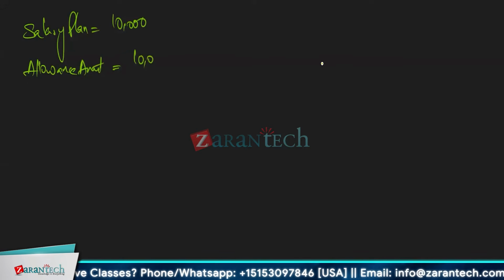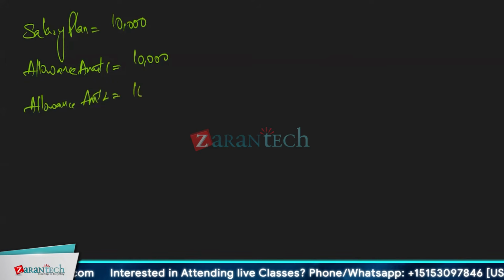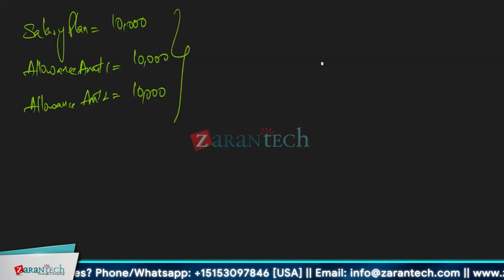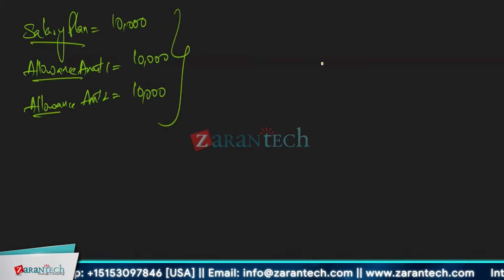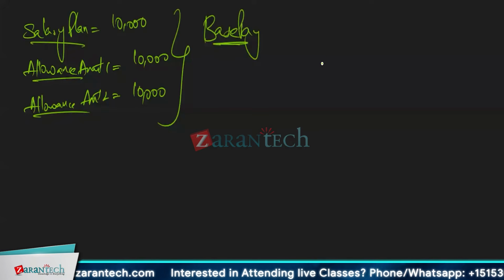This is 10,000, and then you have another amount based allowance plan. So allowance 1, allowance 2. This is also 10,000. Suppose for all three of them you are using base pay as the comp element.